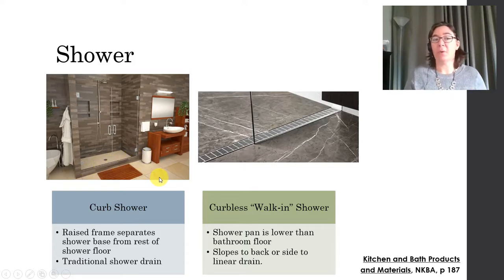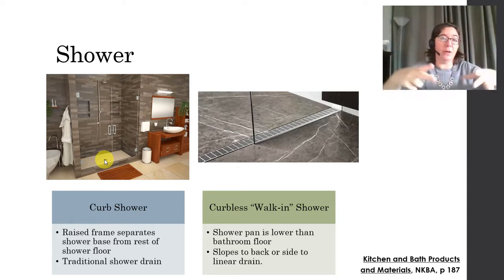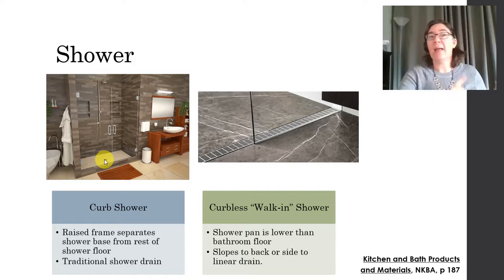A curbed shower works with a traditional shower drain, typically located in the center, and all of that shower base is going to drain to the one drain location. As opposed to a curbless or walk-in or accessible shower, the shower pan is still in there.